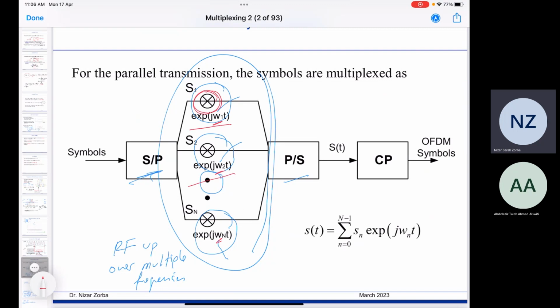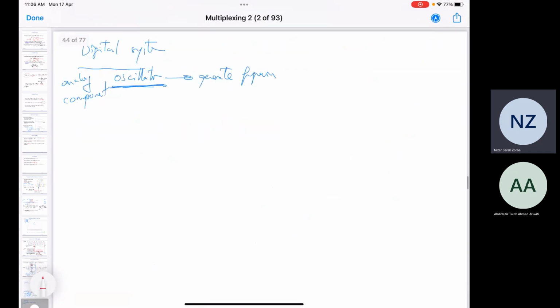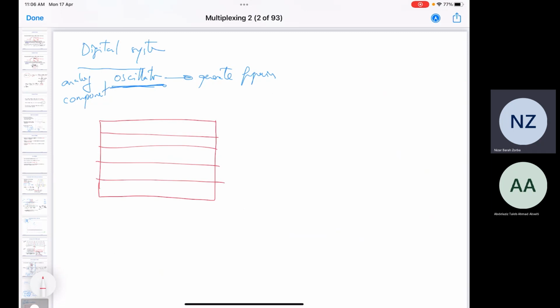The idea here is about the symbols that will come. Imagine that here it's an image with pixels. How many? 4, 5, 20 pixels. Imagine that we have 20 pixels.